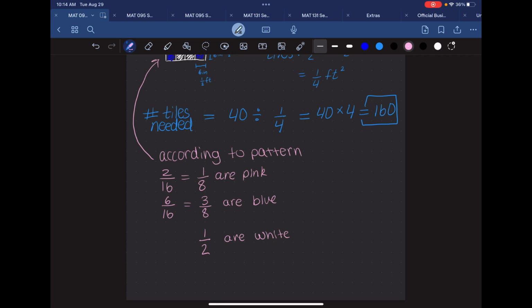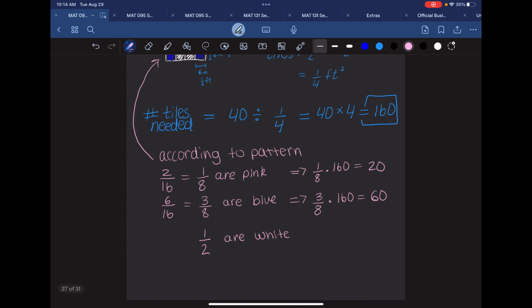So to figure out the number of pink tiles we need, we'll just take 1/8 of 160, so 1/8 times 160, which gives us 20. To figure out how many should be blue, we'll take 3/8 times 160, which gives us 60.